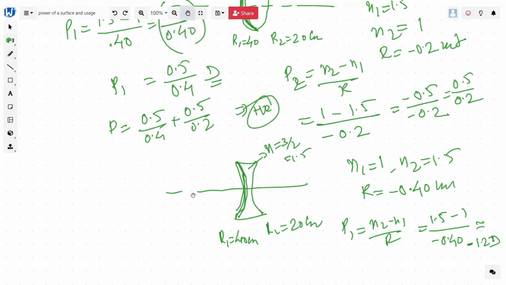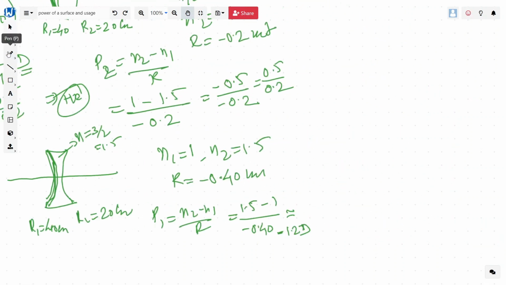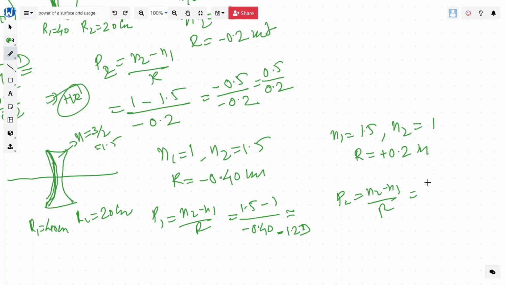Okay, now let's find the power for the second surface here. Now here N1 is going to be 1.5, moving from this direction to this direction. N2 is air, so 1. Now the radius is on the positive side, R is going to be plus 0.2 meter, and the power P2 for the surface is N2 minus N1 by R, and this is going to be 1 minus 1.5 divided by 0.2, and that is roughly 2.45 negative.